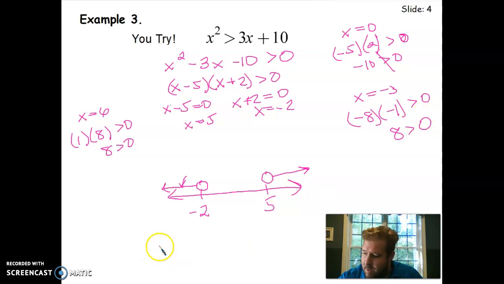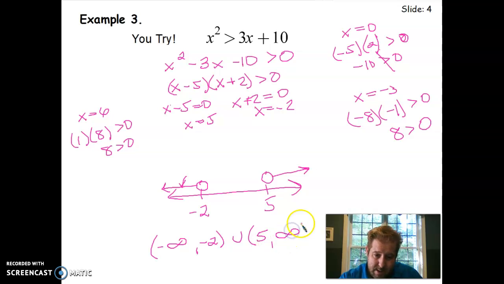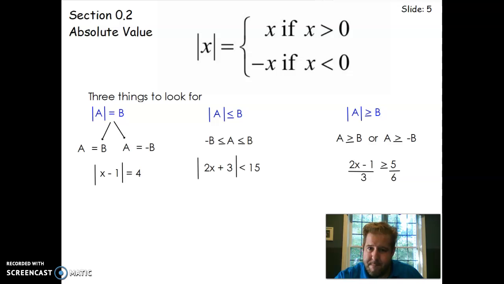So that would be anything from negative infinity to negative 2, not including, and you never include infinity, or it could also be from 5 to positive infinity. So whether you write in equation format, inequality format, or in interval notation, does not matter.